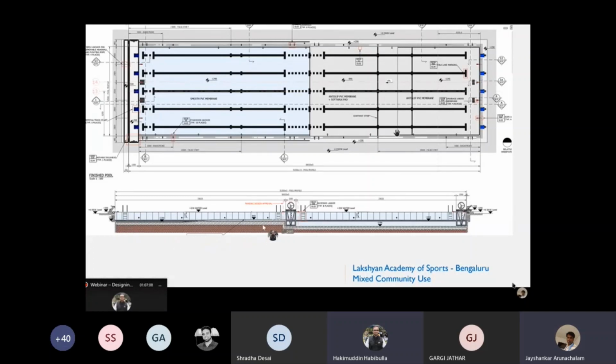The pool comes up over here to 1.05 in the center, and then goes down to 2 meters deep. So this section between 1.05 to 1.2 meters is also a sensitive area, where we find children or adults who could accidentally dive in head first.